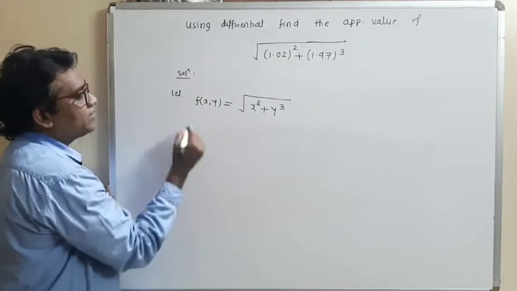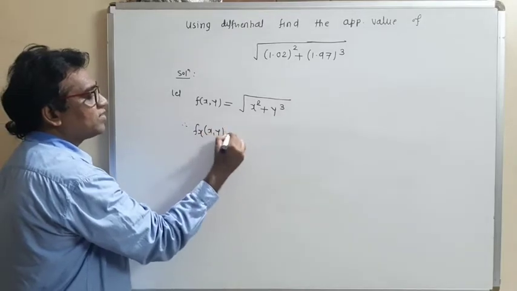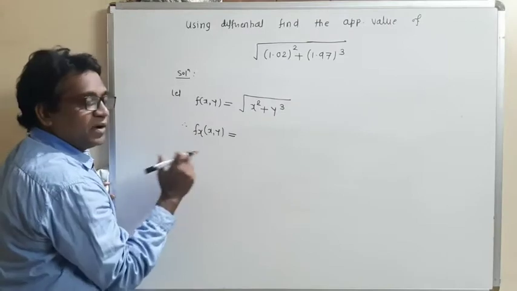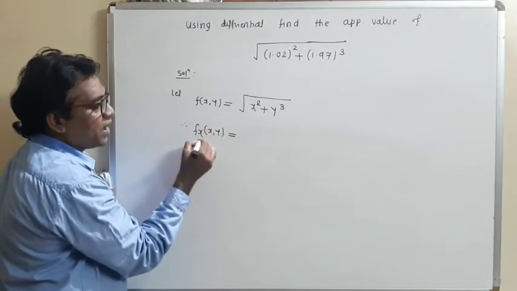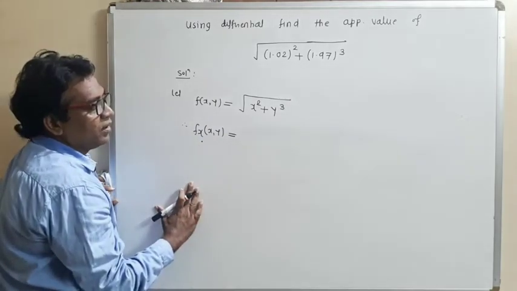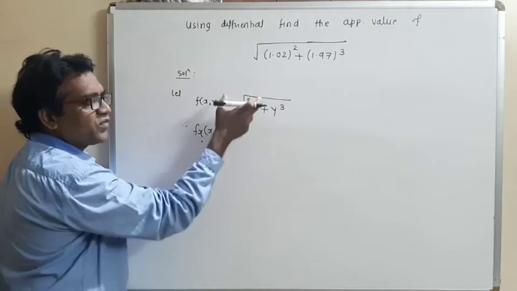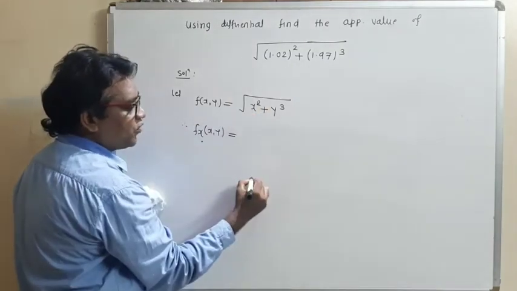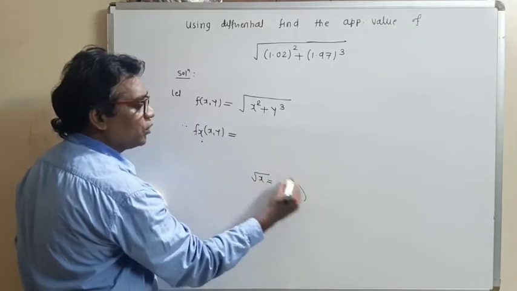Now from given function f, first of all find out the partial derivative fx at xy. So how to find out the partial derivative fx? Differentiating this f partially with respect to x by keeping y as a constant quantity. So just find the derivative of x alone. Now the derivative of root x is 1 upon 2 root x.